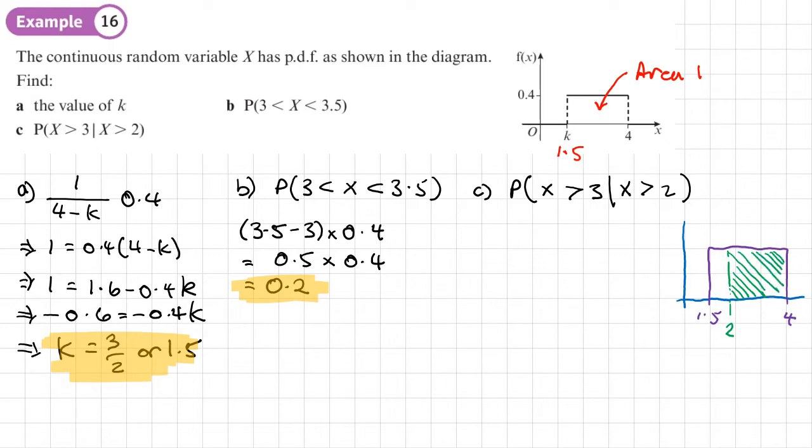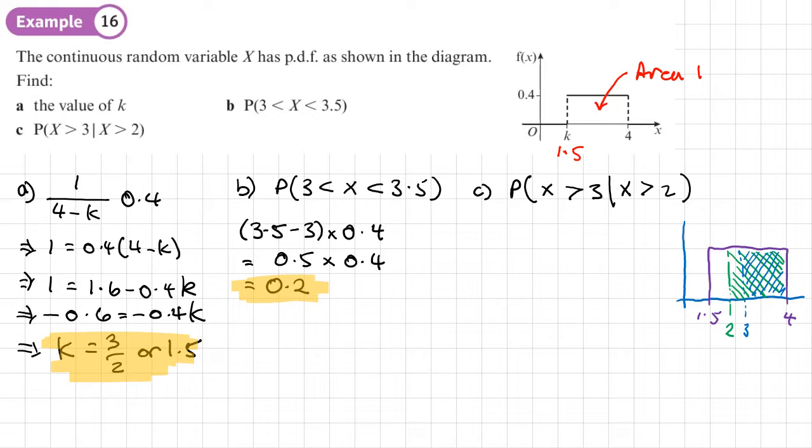And I want to work out how much of x is greater than 3 is in x is greater than 2. Now, where's x is greater than 3? Well, that's this. So how much of x is greater than 3 is in x greater than 2? Well, all of it is. So actually, we can go straight to working it out.